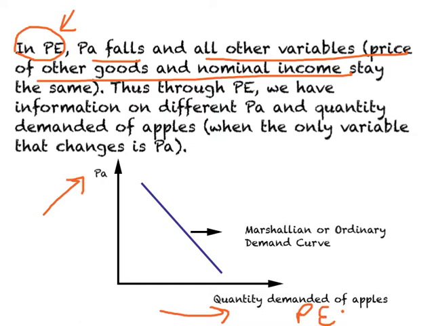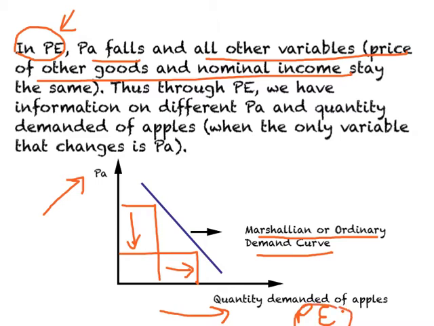And we join these points, and what we get is a Marshallian or an ordinary demand curve. And once again, what we find here is, as price of an apple falls, quantity demanded based on price effect increases, or there is an inverse relationship between price and quantity demanded of apples.